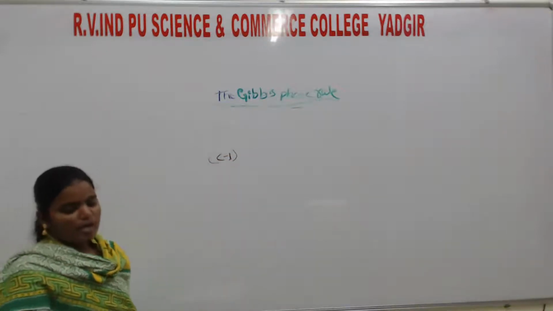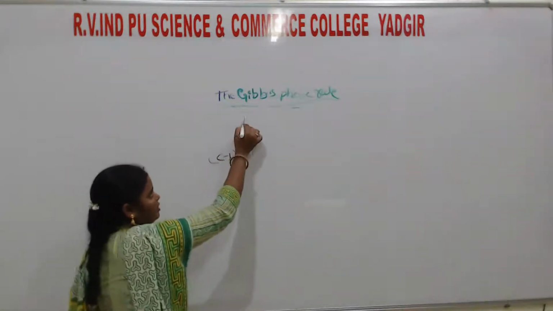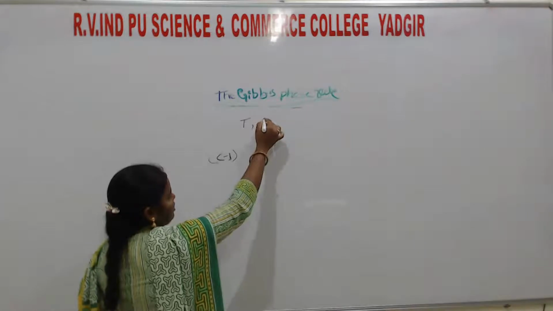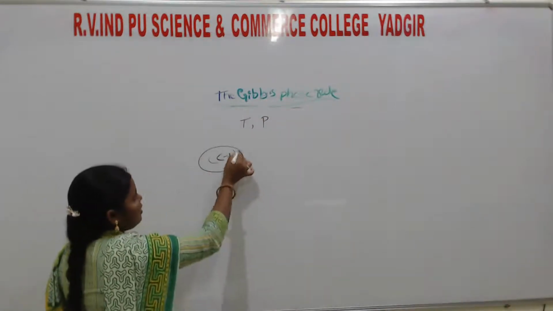The total number of variables: temperature is one variable and pressure is another variable. The concentration term is C minus 1 for a single phase.